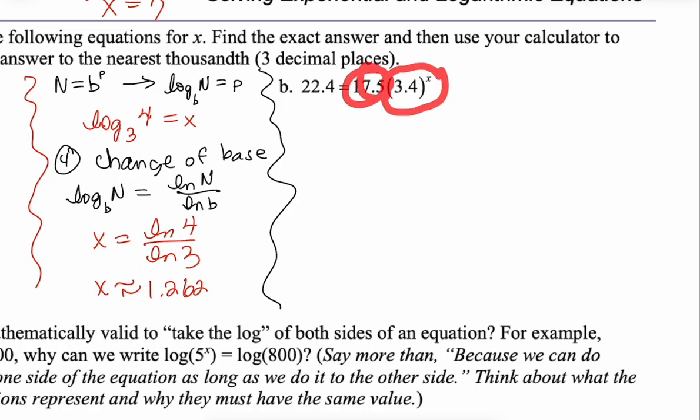The fact this 17.5 is there is going to cause us issues. So you have to divide by 17.5 first before you do anything else. Now, 22.4 divided by 17.5 does have an exact decimal that isn't too horrible. So I'm just going to change that to 1.28.